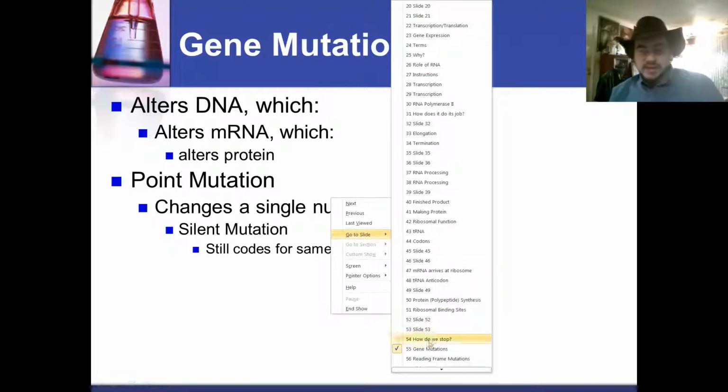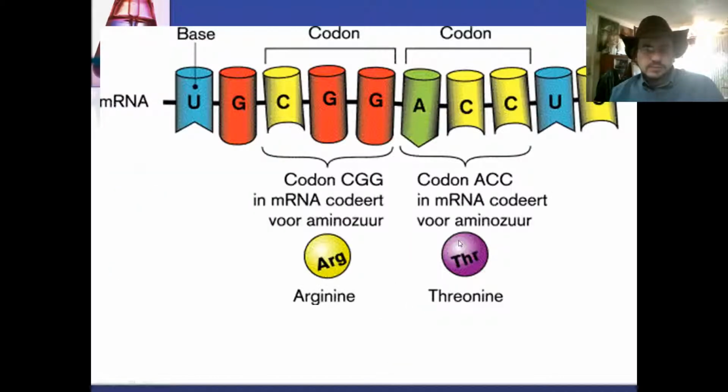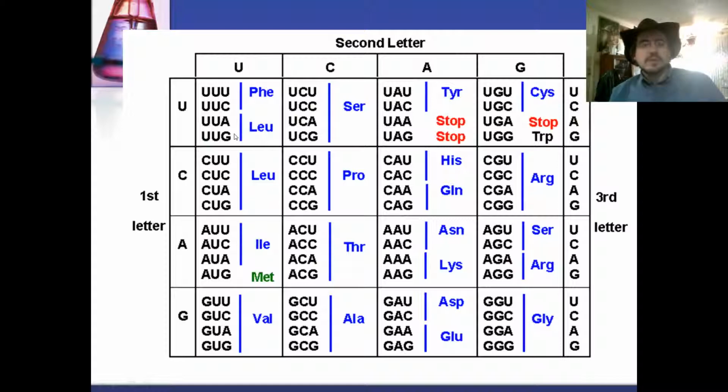So we can take a brief look here at our codons. So, say your DNA originally had AAT. So AAT on the DNA would be transcribed into UUA.